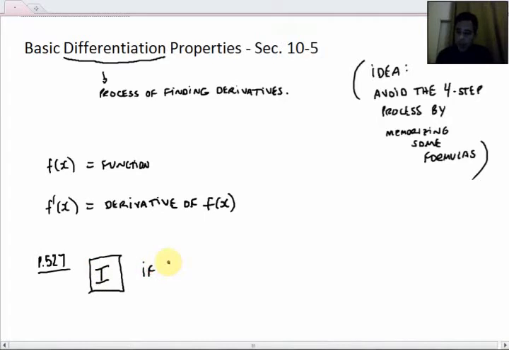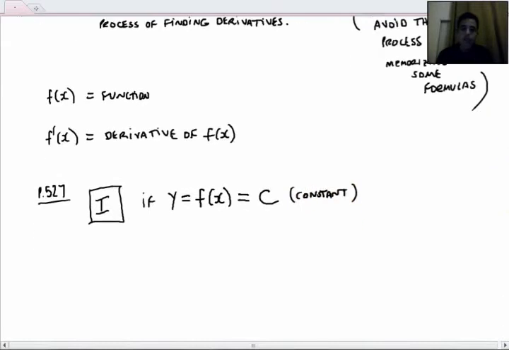If your function, which is the y value, is a constant, guess what happens?